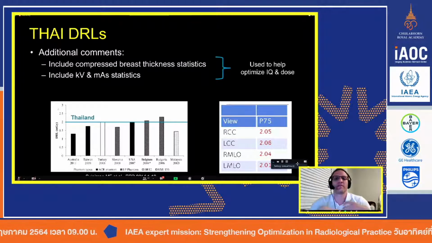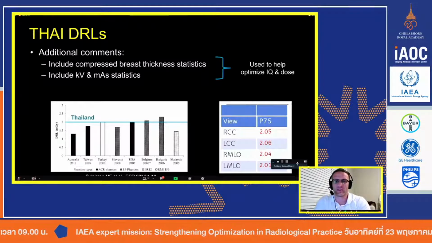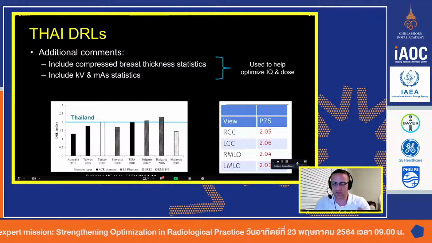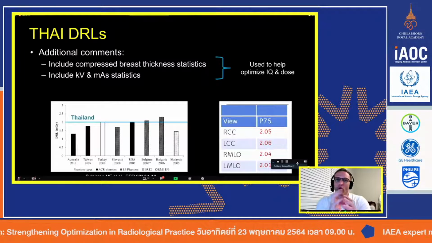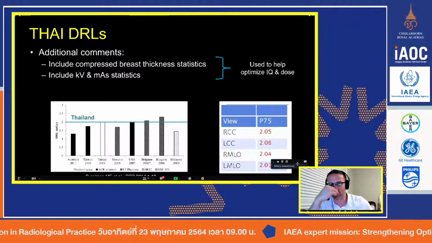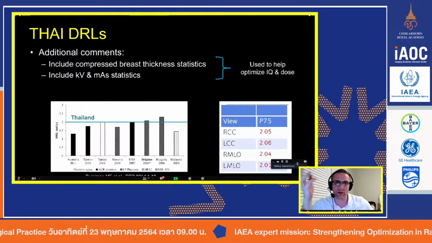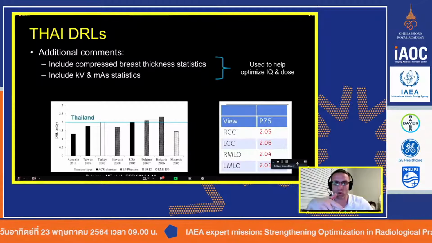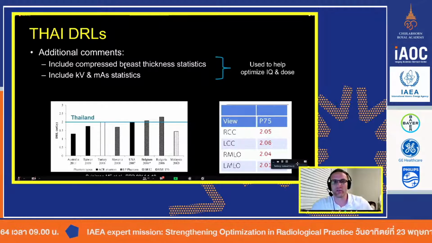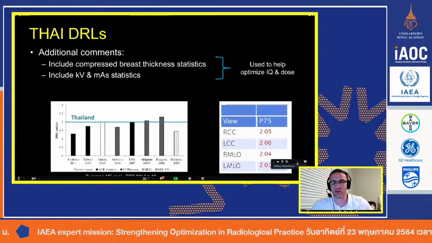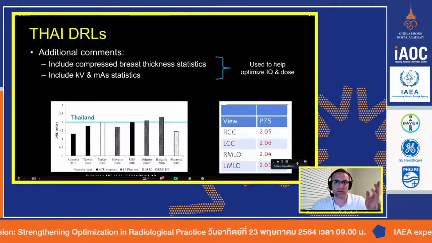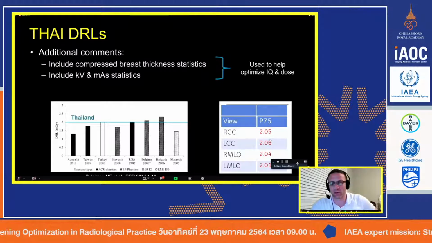And so when you give information back to the various hospitals, the more granular you can get, if you have the statistics to do this, the more they're able to focus in on optimization, especially for centers that may not have a medical physicist working for them or in the region helping out. So if you can include what the compressed breast thicknesses are used for this statistic at a minimum, let's say the average was 5, like we've seen in some of the other publications, that's fine.